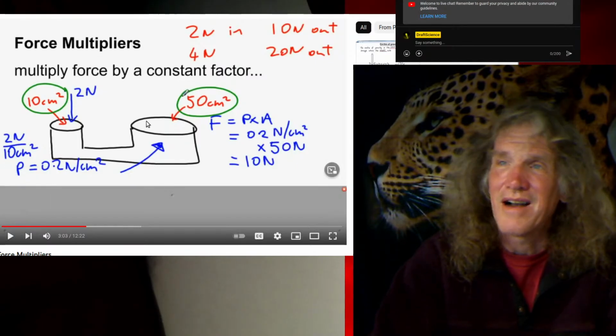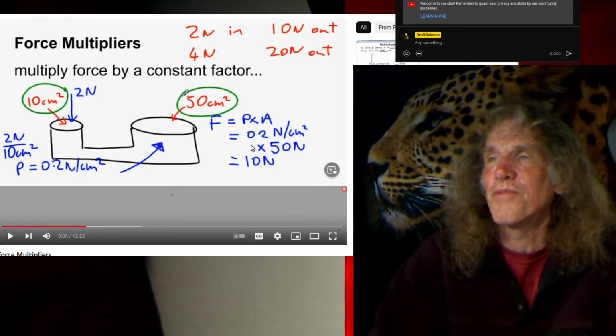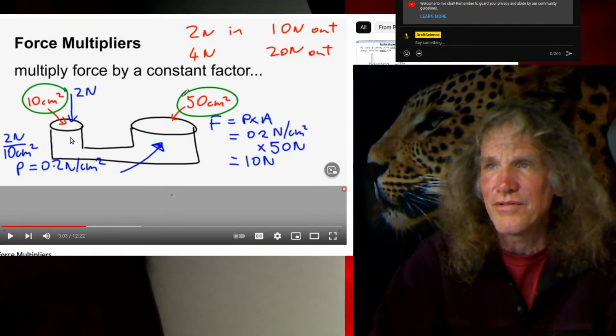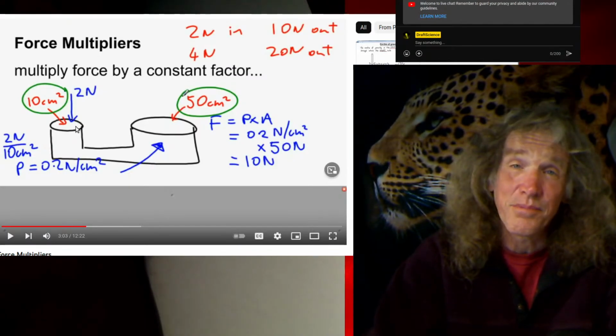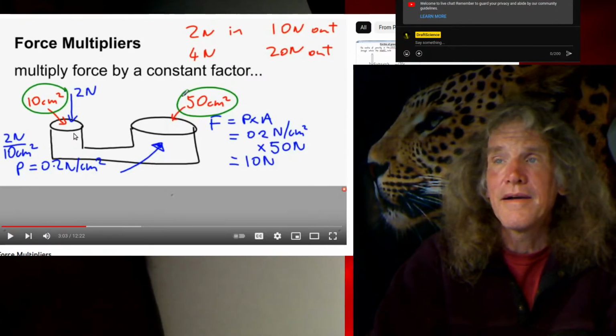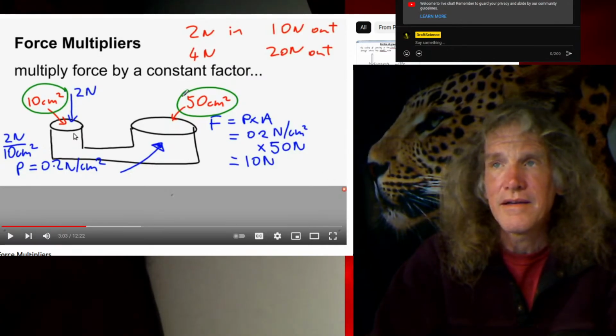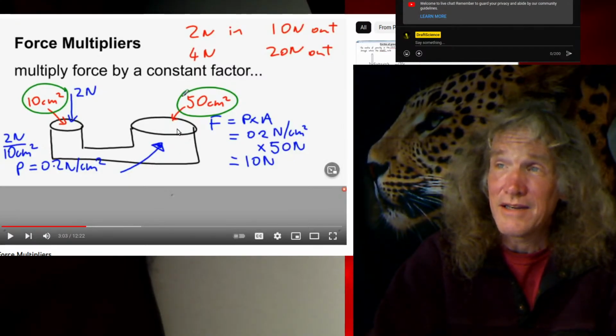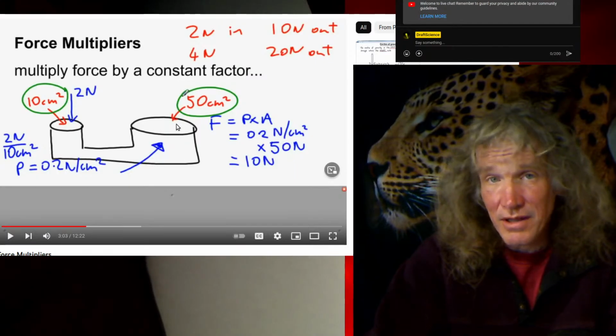So there's no constant factor, there's no multiplied by, that's just way more confusing than you need to state. You're just going to push on one side and it's going to move the cylinder at a certain speed, and that's pretty much all that's going to happen, and the speed here is going to be 5 times less.